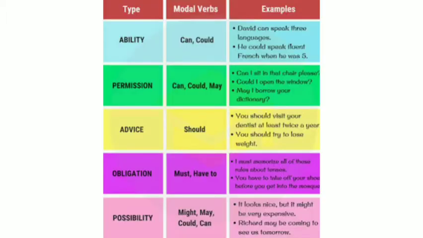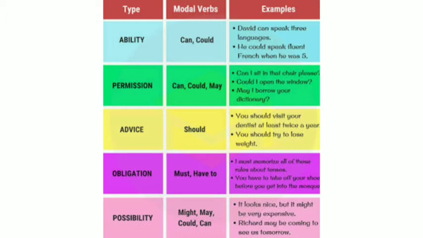Okay, see here, I have divided the modal verbs into types of condition. Like can or could is used with ability, can, could, may for permission, should for advice, must, have to for obligation, might, may, could, can for possibility. These are the modal verbs and their types where they are used. And in the third column, the examples of its use are given.